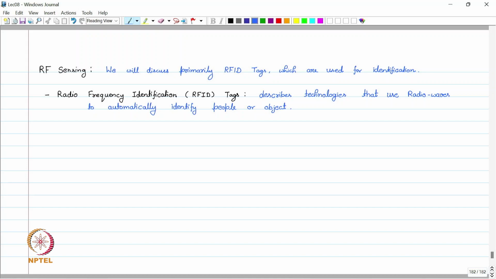So these RFID tags are nothing but the technologies that use radio waves to automatically detect people or objects.